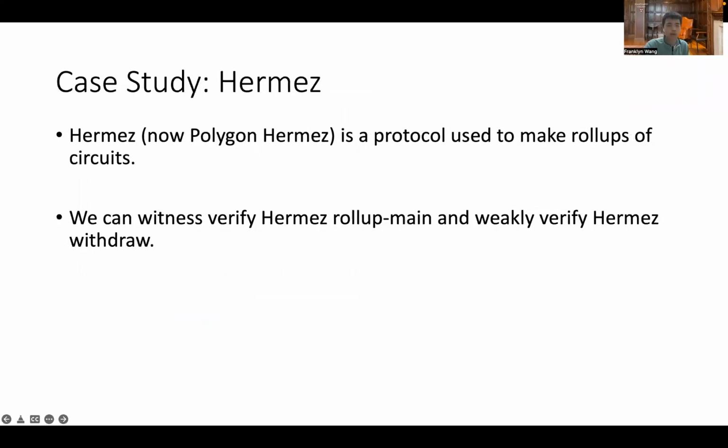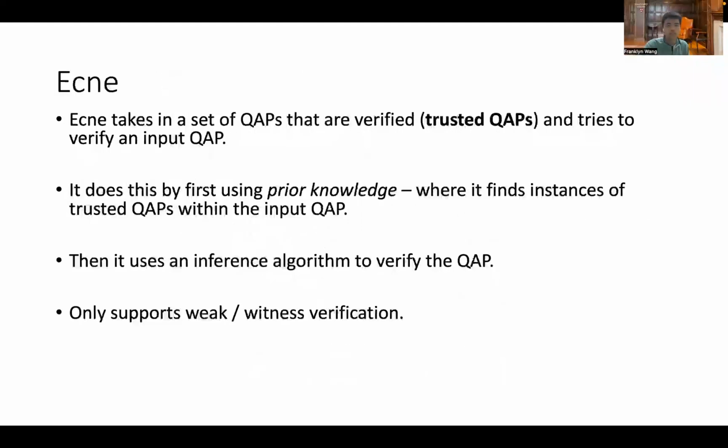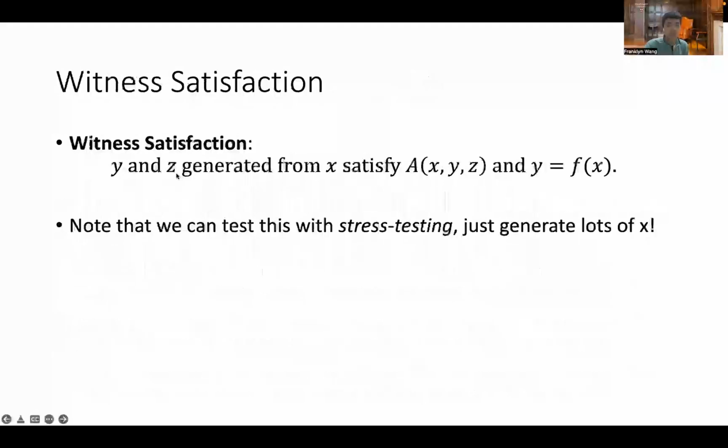So if you go back all the way here, if the y and z that are generated from X just don't satisfy these two conditions, then we won't have witness satisfaction. And if we don't have witness satisfaction, we don't have the equivalence.